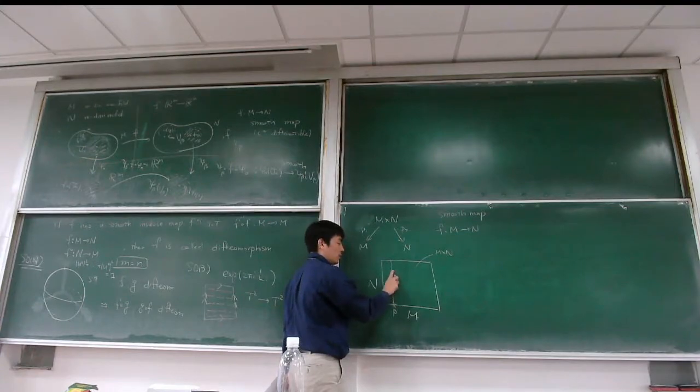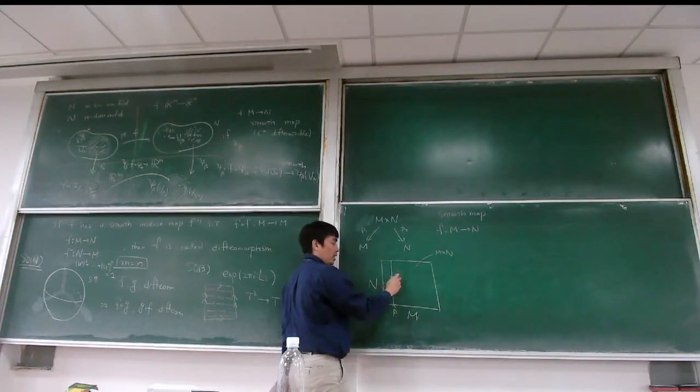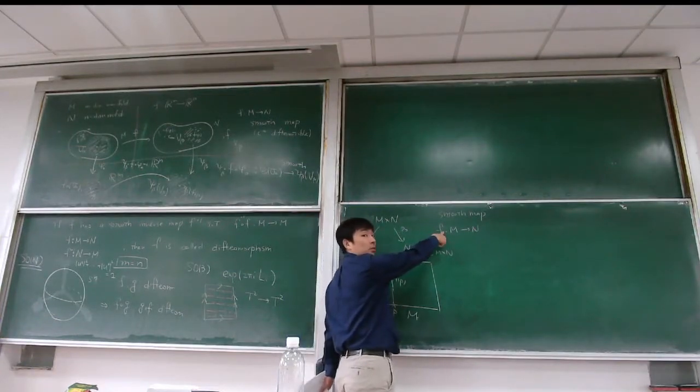This is the slice, that is the one copy of M, and there is a point f of p, which is the image of the point p under this map.